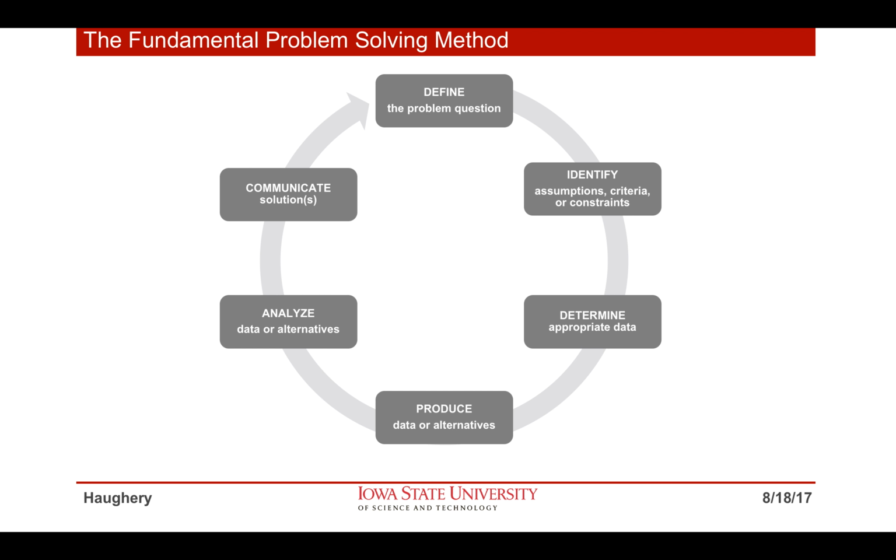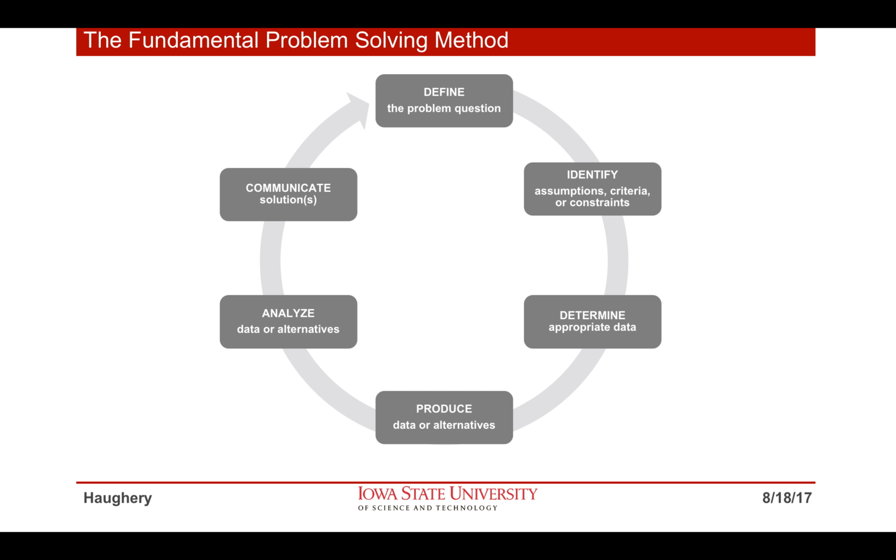I want to spend a couple of minutes here looking at an overview of problem solving. So we're coming back to TSM 115. What does problem solving look like and how are we going to do it? We have these phases, this multi-step process. It starts with defining the problem question, identifying assumptions, criteria, and constraints, determining appropriate data, producing data or alternatives, analyzing data or alternatives, and then communicating our solutions.